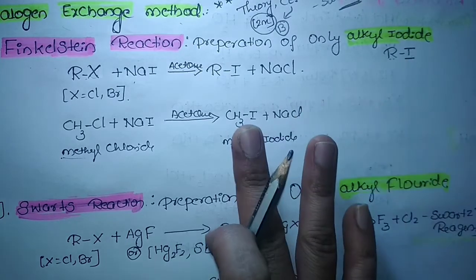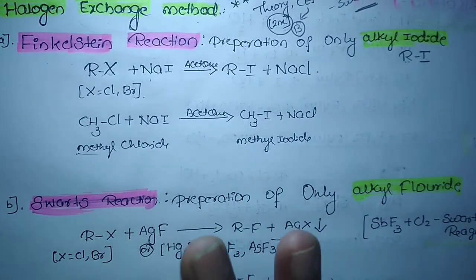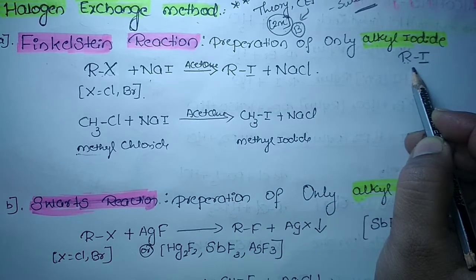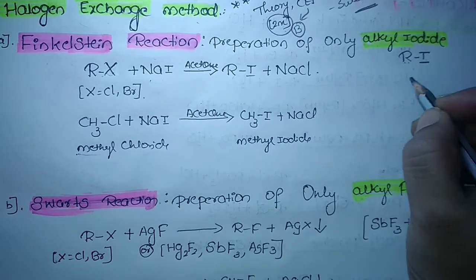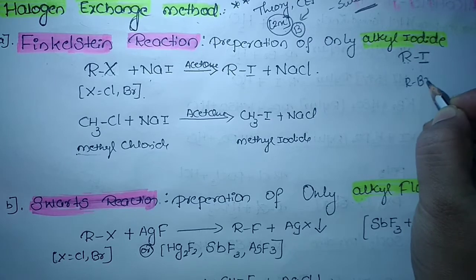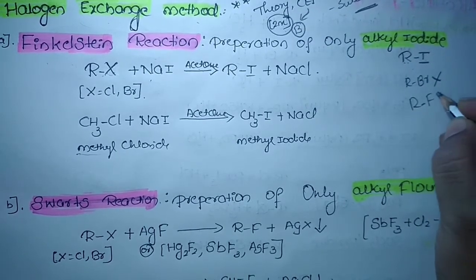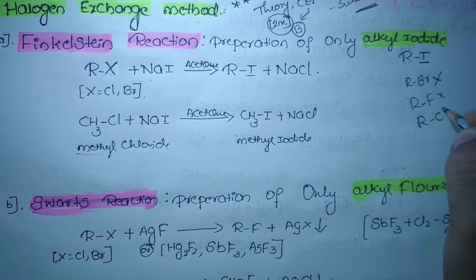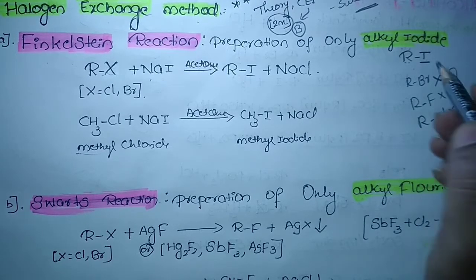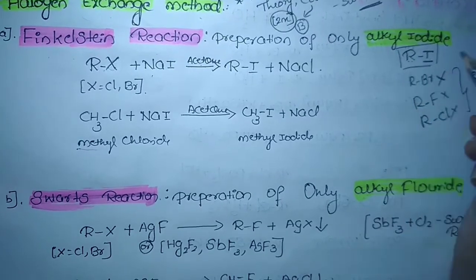Finkelstein is well known only for the preparation of alkyl iodide, meaning by using this reaction we can't prepare alkyl bromide, alkyl fluoride, or alkyl chloride at all. So we can prepare only alkyl iodide.